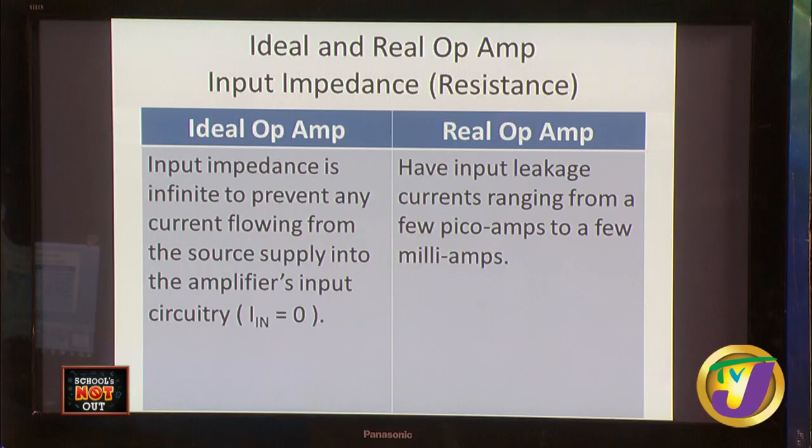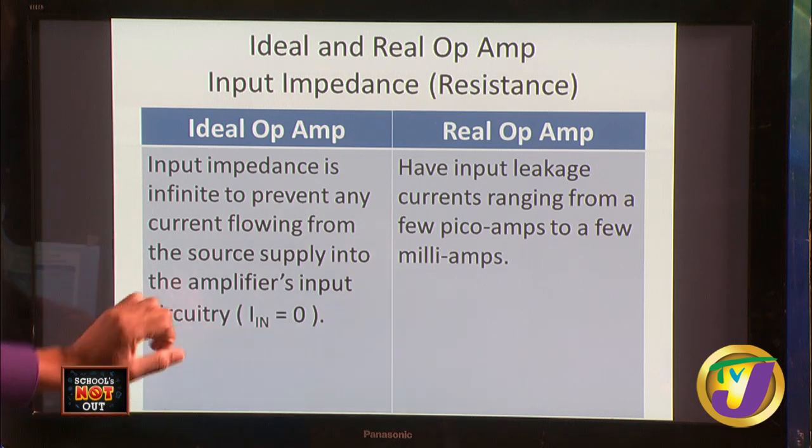But the input resistance of an operational amplifier, for an ideal, is infinite. So what we're saying is that we can put nothing into the operational amplifier and we get something out of it. That's ideal, right? Everybody would want to put nothing and get something, right? And so no current flows from the source supply into the amplifier's input. So that's an ideal operational amplifier.